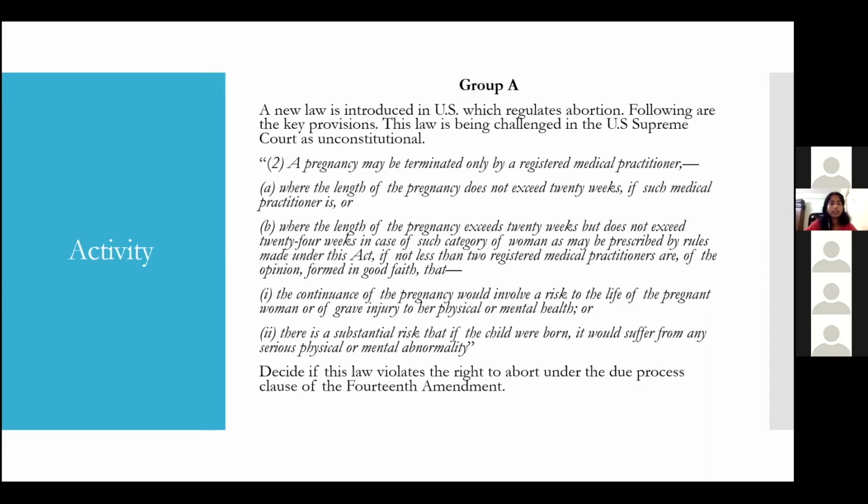So the provision states, a pregnancy may be terminated only by a registered medical practitioner where the length of the pregnancy does not exceed 20 weeks, or where the length of pregnancy exceeds 20 weeks but does not exceed 24 weeks in case of such category of women as may be prescribed by rules made under this Act, if not less than 2 registered medical practitioners are of the opinion formed in good faith that 1, the continuance of pregnancy would involve a risk to the life of the pregnant woman or of grave injury to her physical or mental health, or 2, there's a substantial risk that if the child were born, it would suffer from a serious physical or mental abnormality.